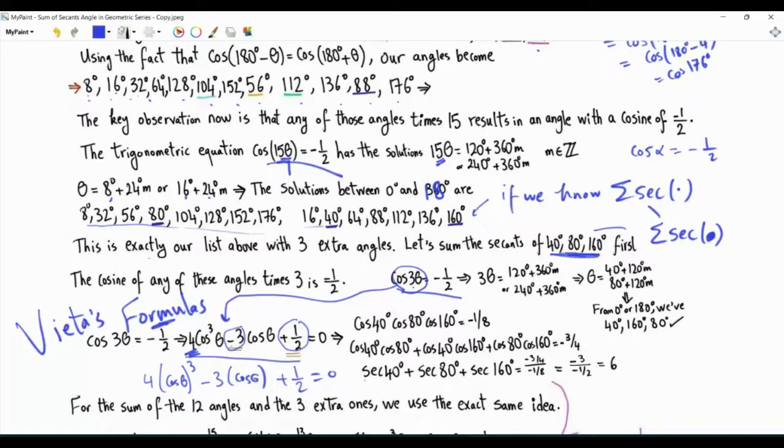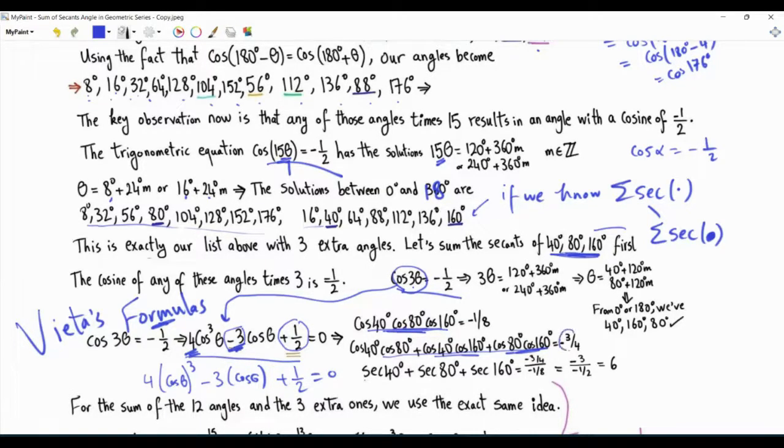And so this again will be this coefficient here divided by 4. Now take this expression, divide by that product. Cosine 40 times cosine 80 divided by this product gives us 1 over cosine 160 degrees. When this term is divided by the product, we get 1 over cosine 80 degrees. And when this term is divided by the product, we get 1 over cosine 40 degrees.